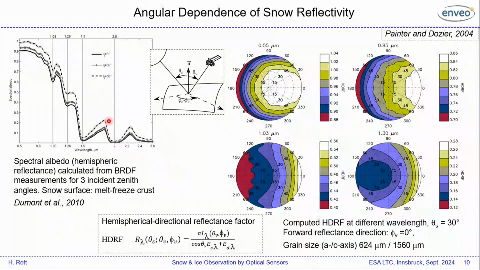But this is also evident here, that the relative angular change is larger in the near infrared than in the visible, which plays then a role if you want to compute the total albedo out of directional data, the total reflectivity which you need for surface radiation balance computations.